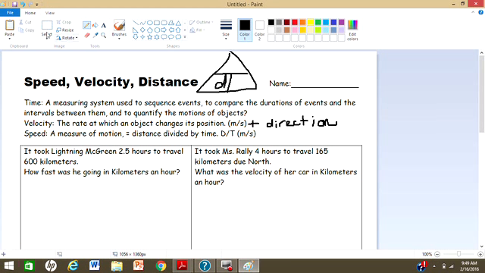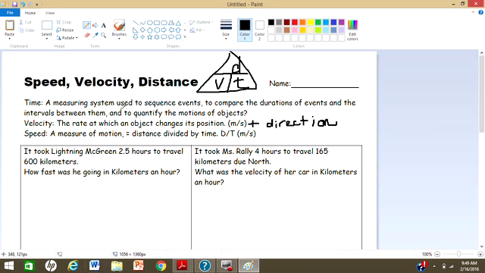I'm sorry, let me get rid of that. It's velocity. Velocity, or speed, equals distance over time. Hopefully my writing will get better as we go along, because it's pretty bad right now.